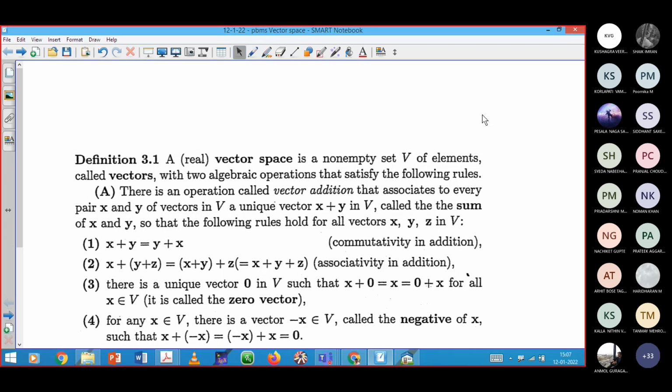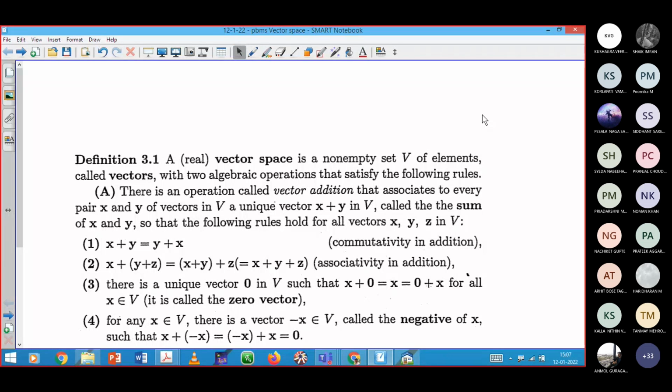What are all the operations? The first operation it has to satisfy is vector addition, and then scalar multiplication. Totally it has to satisfy two properties: one is vector addition, another one is scalar multiplication.